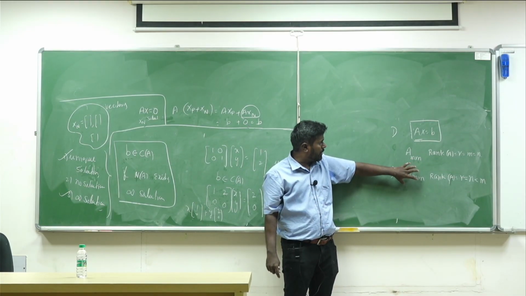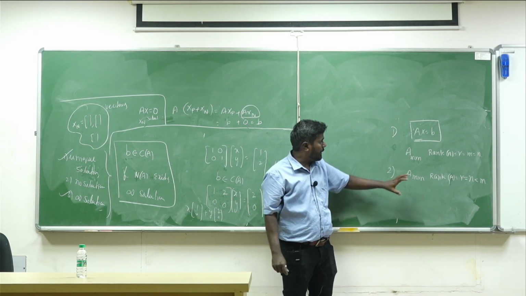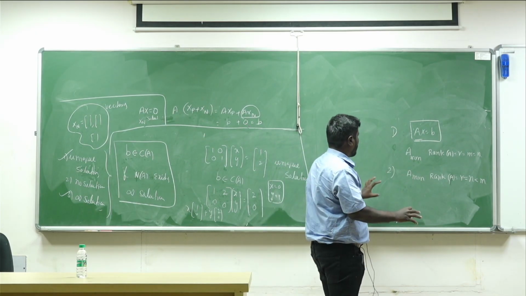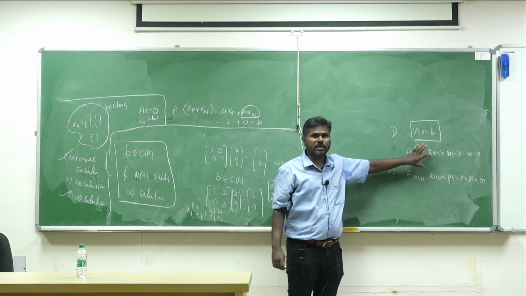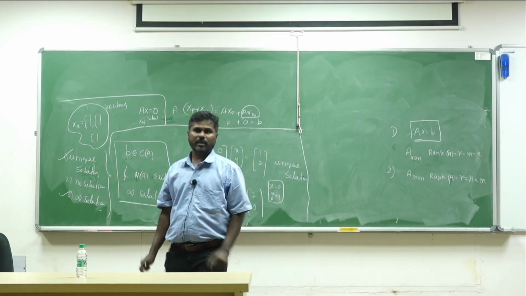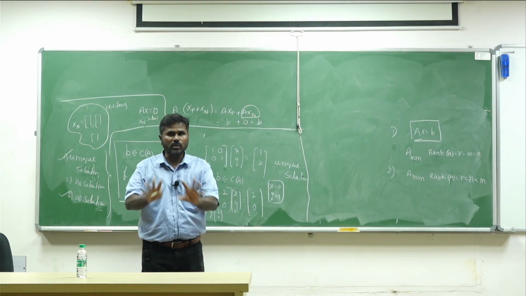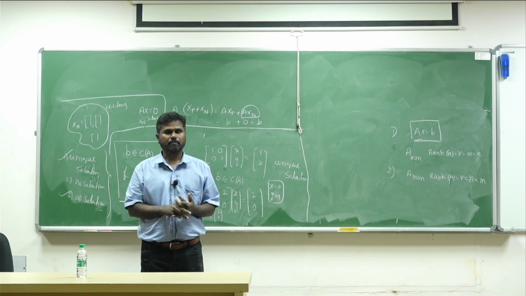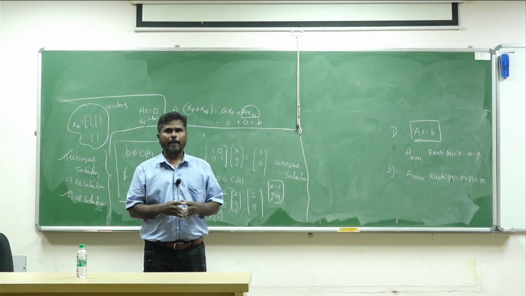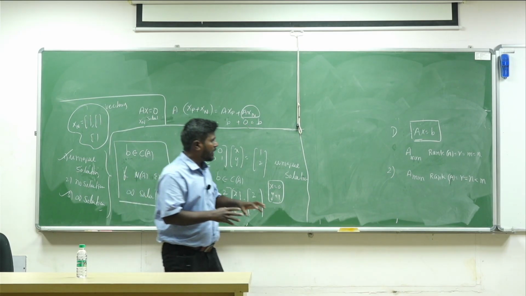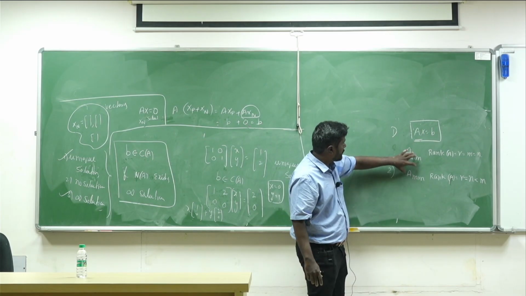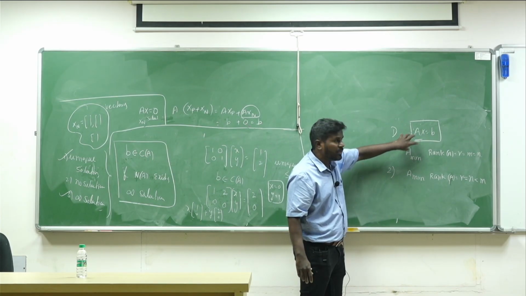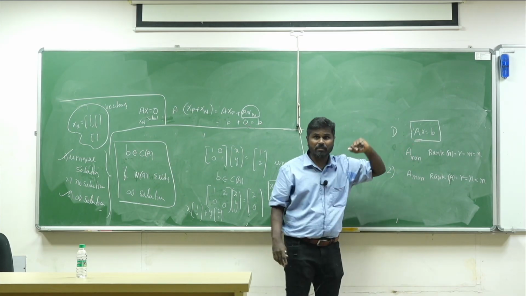But the solutions of the system of equations depend upon the rank of the matrix. So of course you can divide this system of equations based on the rank of the matrix.